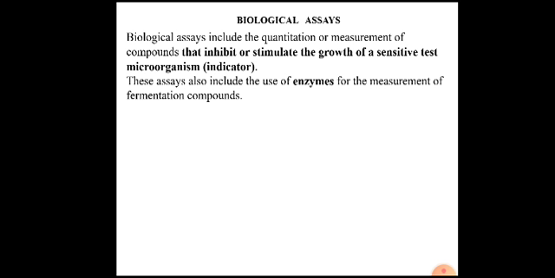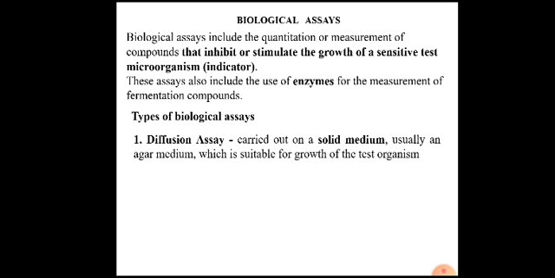These assays also include the use of enzymes for the measurement of fermentation products. These assays are called enzymatic assays. Now let us see how exactly microorganisms are used to measure the quantity of fermentation product in the given preparation.